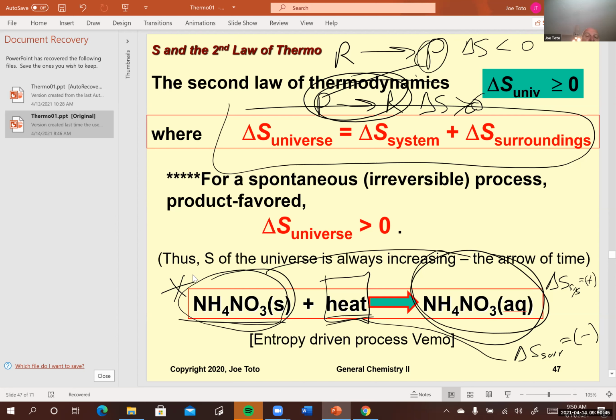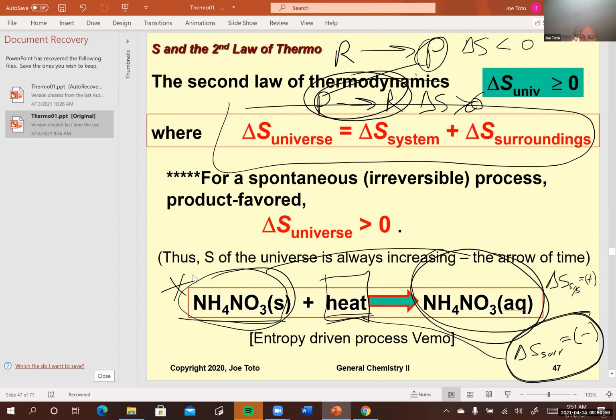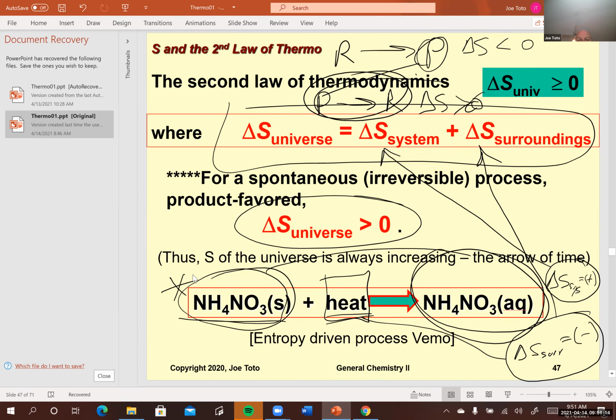And then we said yesterday, well, then why does this process take place? Well, if we use the equation for the second law, I think you can see. So this delta S that's negative for the surroundings goes in this position. The delta S that's positive for the system goes here, yet we know that when we add those two up, this has to be true for a spontaneous process.